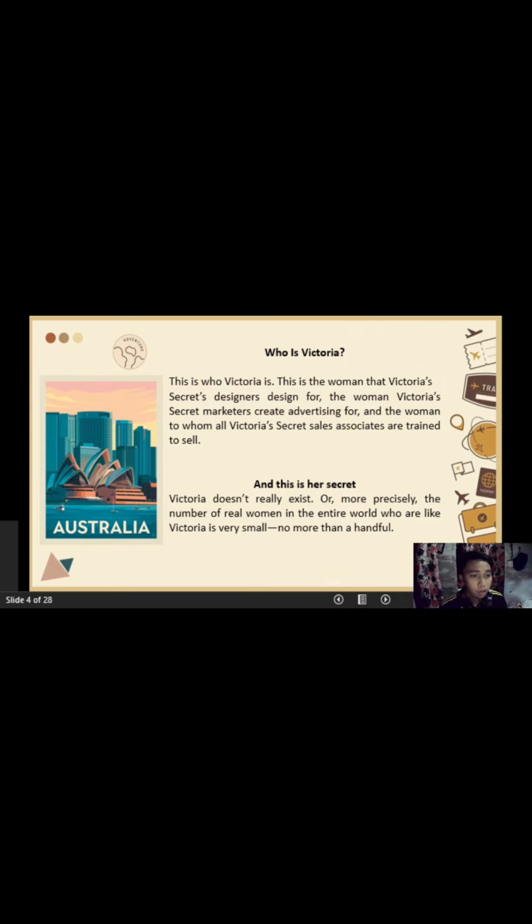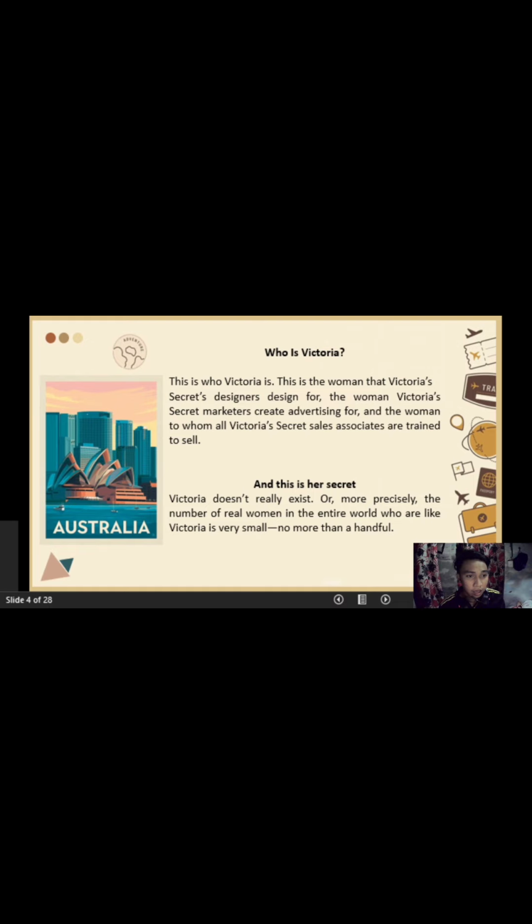Ito talaga yung pinakasikreto ni Victoria's Secret, yung mga tao sa surroundings niya, mga designer, yung mga clothier nila. Mahal niya yung ginagawa niya, kaya mas lalo siyang nagiging successful kasi ginagawa niya ito nang may puso. So, for me, that is her secret.